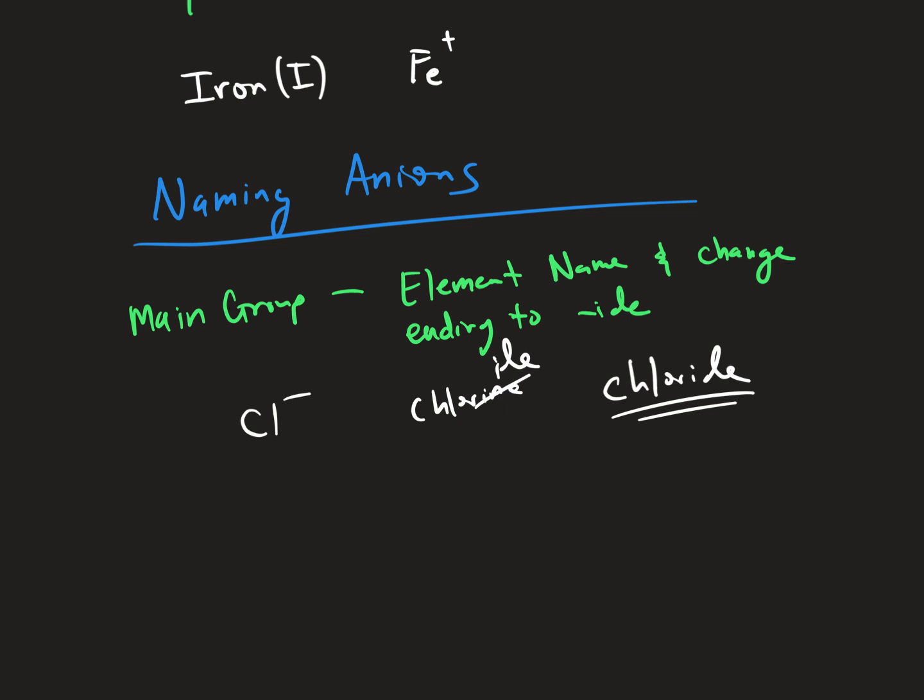What about H minus? What's that called? Let's call it H plus. Let's call it H minus. Okay, yeah, sometimes it is H minus, but most times it's H plus. Okay, what is this called?